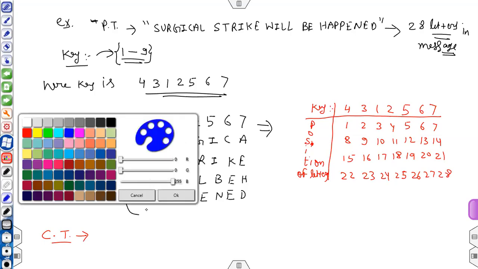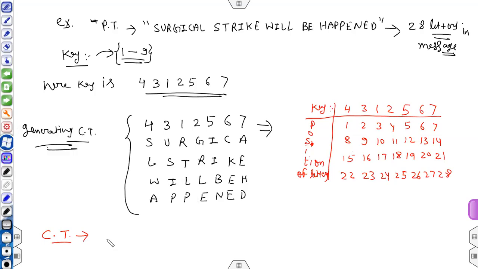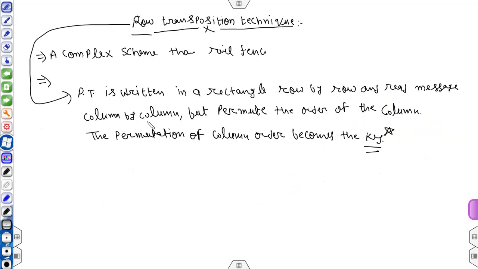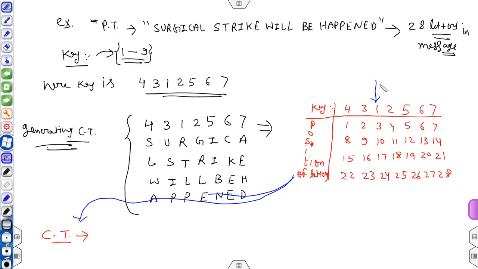Okay, so what we will do for making the cipher text from here, we will read the message column by column. You can see here that we read the message column by column, but in order, means first we will read the first column.